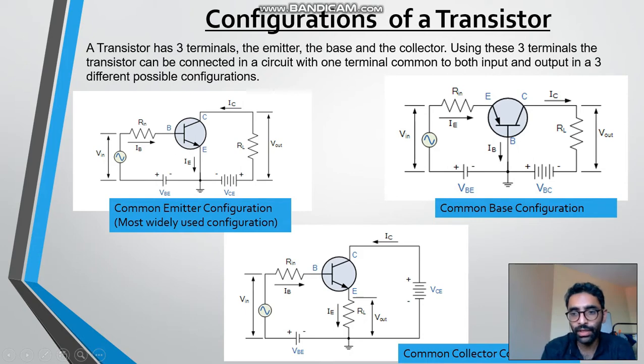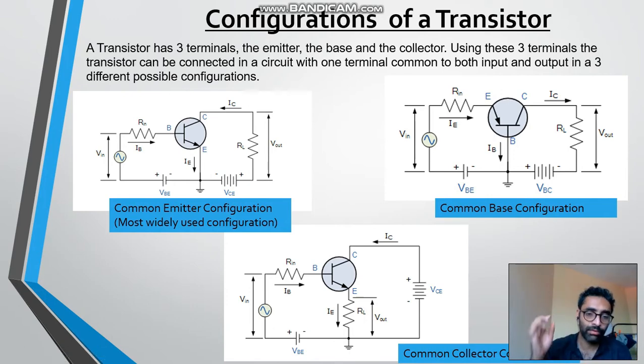In the common base configuration, the base is common to both input as well as output, and the base terminal is also grounded. And last but not least, in the common collector configuration, you can see that the collector has been connected to a reference voltage which is again grounded, right? And the collector here is common to both input and output.